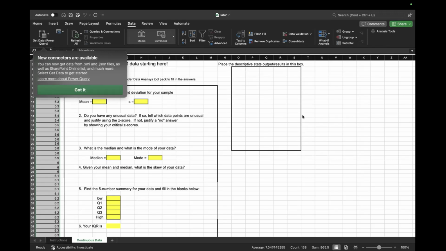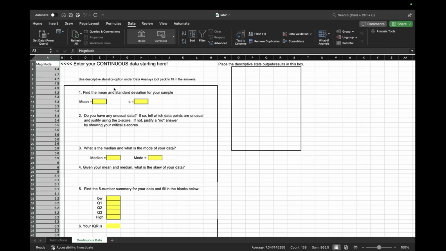I'm going to show you 2 different ways to install the data analysis tool, because some computers do it one way and some do it another, depending on which version of Excel you have. My main computer, the one that you're seeing right now, is my MacBook.